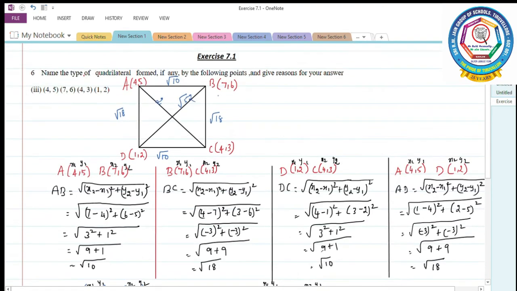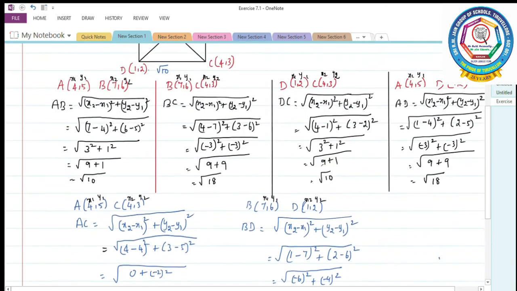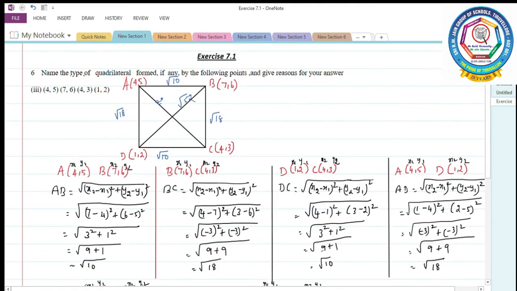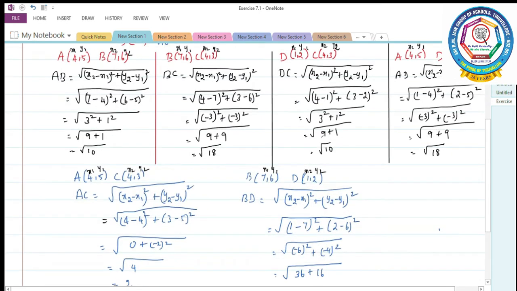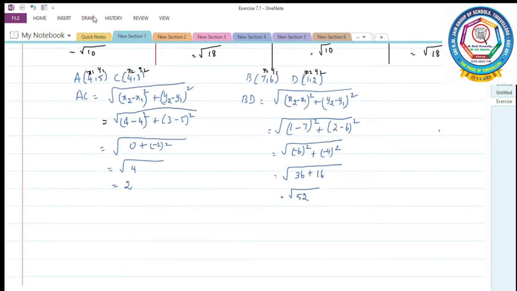This is called a parallelogram. In a parallelogram, opposite sides are equal, diagonals are not equal. Therefore, the given points form a parallelogram. So you have to write which sides are equal, which diagonals are not equal.